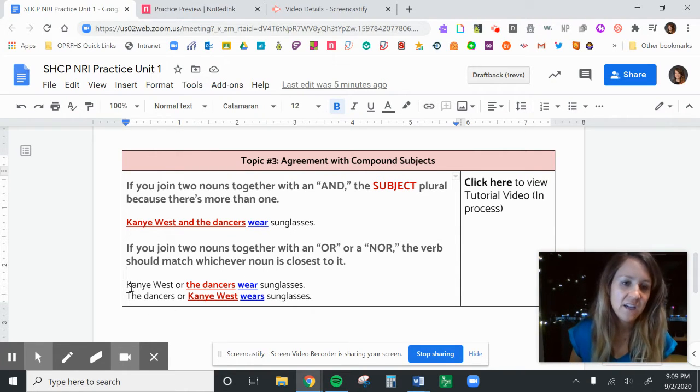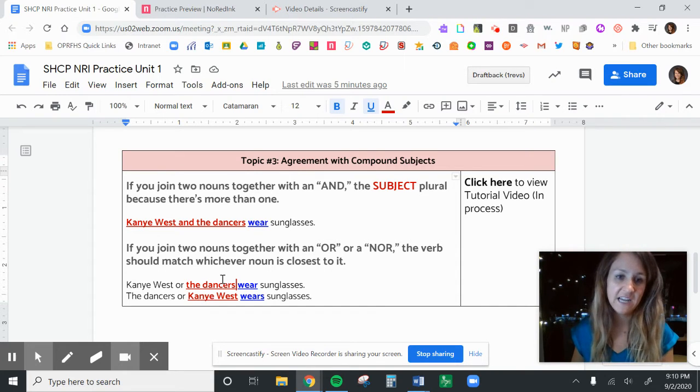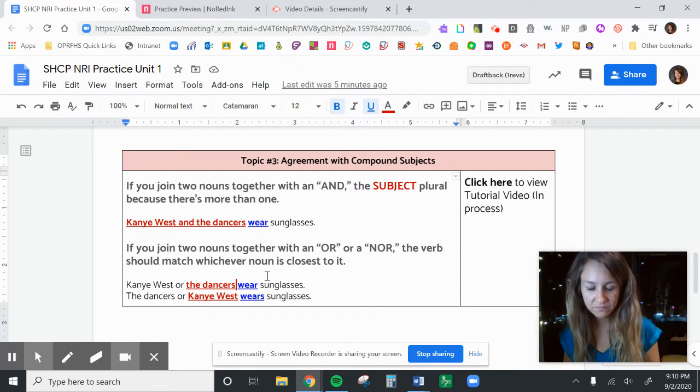If we say Kanye West or the dancers wear sunglasses, in this case, Kanye West is singular, the dancers is plural, and because the dancers is closer to the verb, it's also going to go with plural. So in this case, the dancers wear sunglasses.